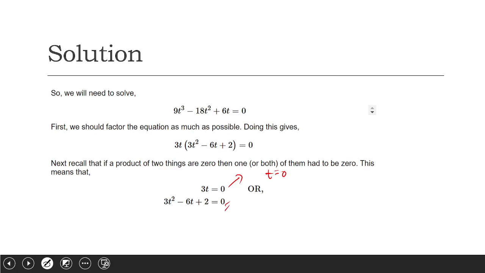And from our previous slide, ito yung equation natin: 3t squared minus 6t plus 2 is equal to 0. So, in this case, a natin is 3, b natin is negative 6, and c natin is 2.